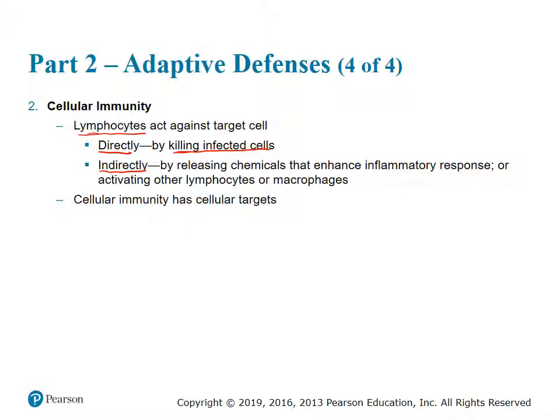And then indirectly, what do we mean by this? The lymphocytes can release chemicals. Those chemicals can enhance the inflammatory response, or they can act as activators for other lymphocytes and macrophages. Some of those, for example, belong in the second line of defense. So again, we aren't just involving the adaptive immune system here, but also the innate immune system as well.